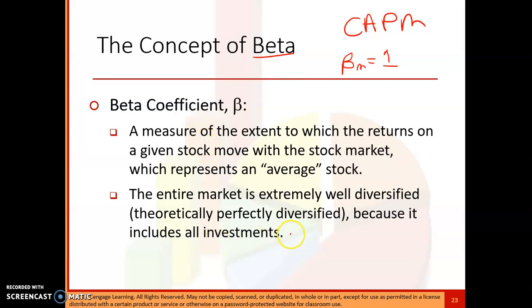The entire market is extremely well diversified, theoretically perfectly diversified, because it includes all investments. We know that's not the case, because investments such as a lot of real estate and human capital, thankfully, are not traded in the market.